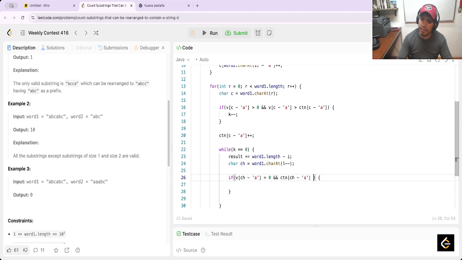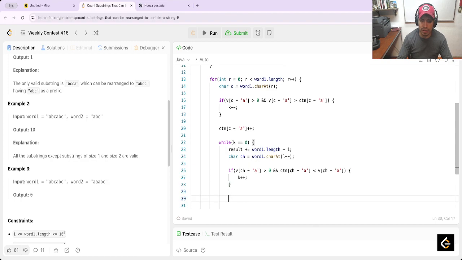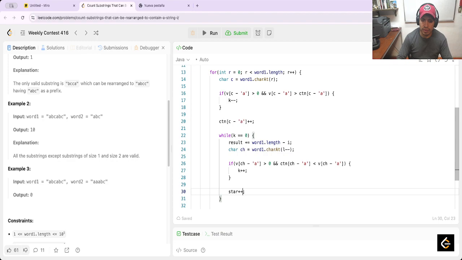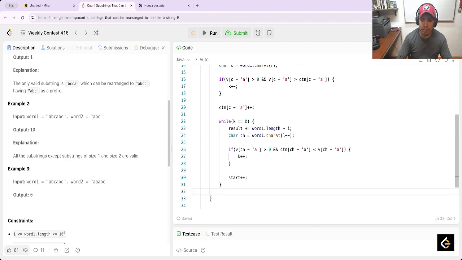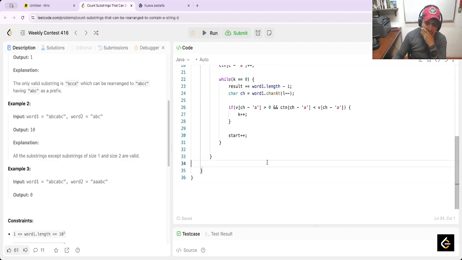Oh, it's the same. This is minor 2 b in the position this, k plus plus, now start plus plus, here is start, and I think that that's it, return result.